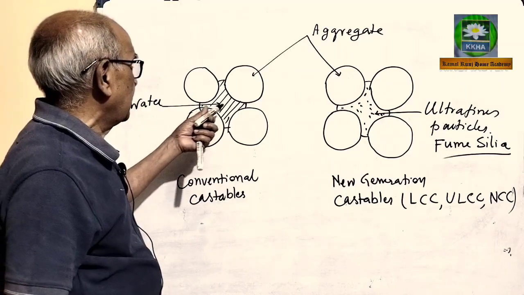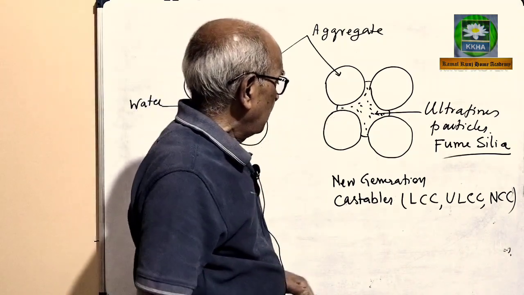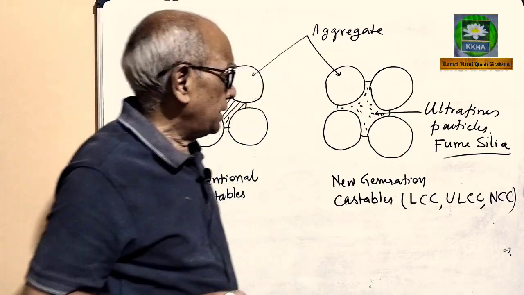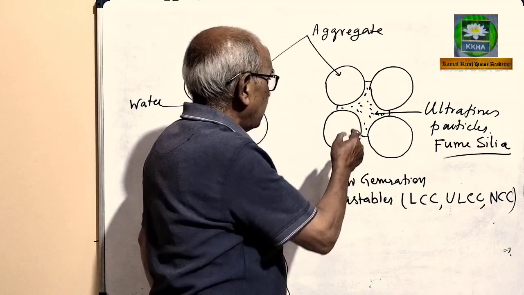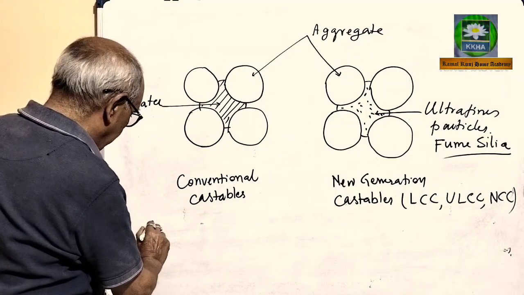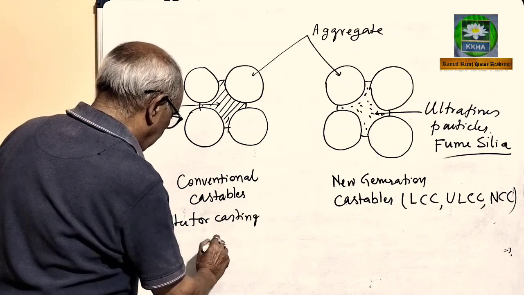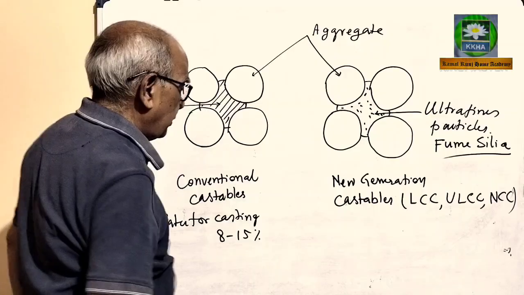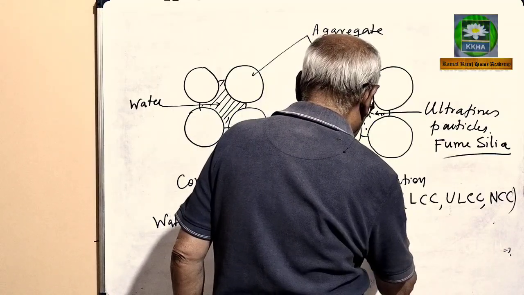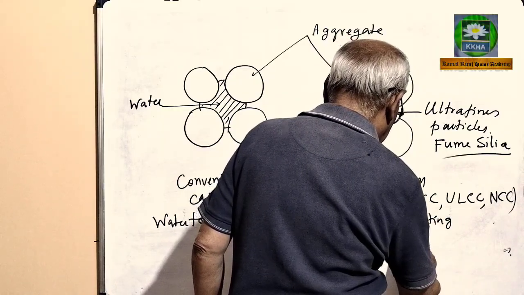In conventional castables, the void space between the particles is filled with water, so it requires more water, 8 to 15% for casting. In new generation castables, the void space is filled with ultrafine powder, so it requires less water, 3 to 5%.